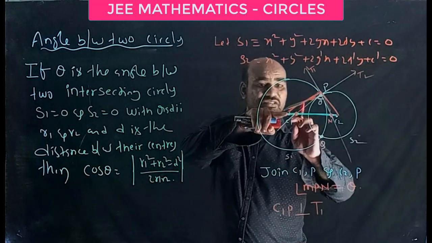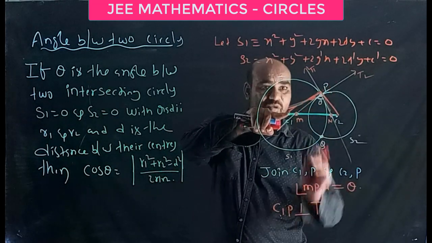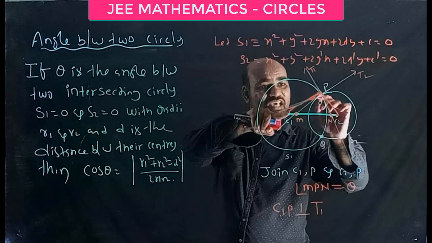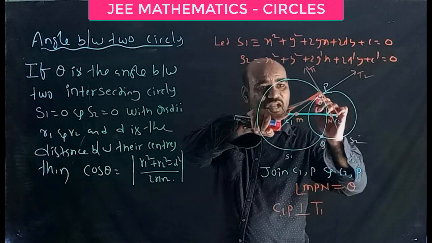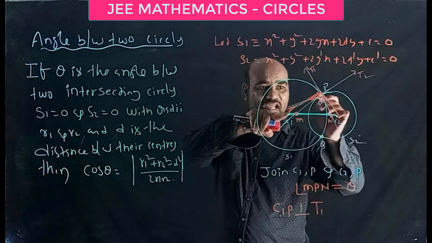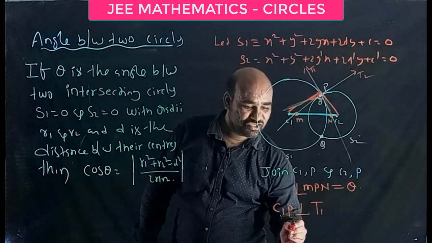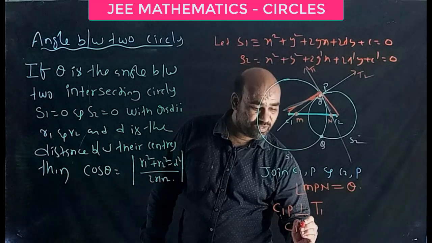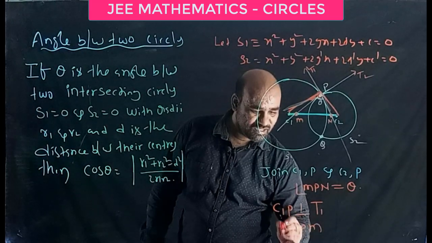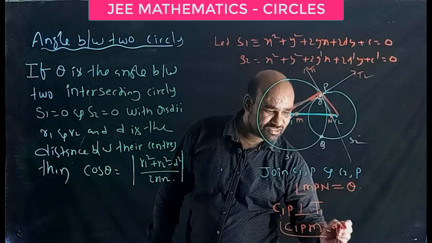So C1P is perpendicular to T1 means this angle is 90 degrees, but I want this angle, no? Already this is theta, so this angle is 90 minus theta. Angle C1PM is nothing but 90 minus theta.